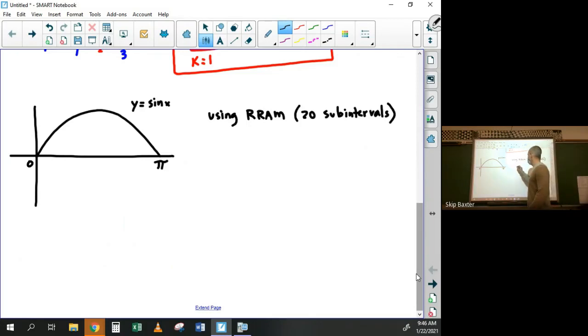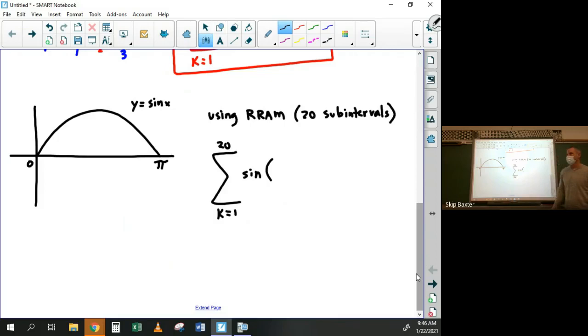So that would be summation, k equals 1 to 20. So there's 20 rectangles I'm adding up. Of sine something. Okay, so what's that something going to be? Well, what's the width of each rectangle going to be?